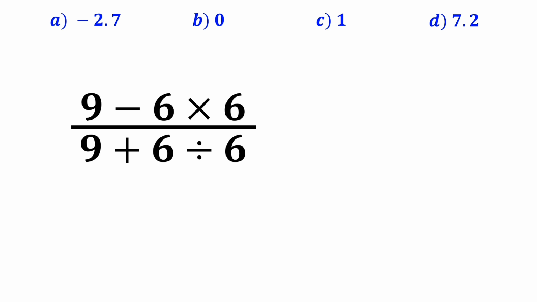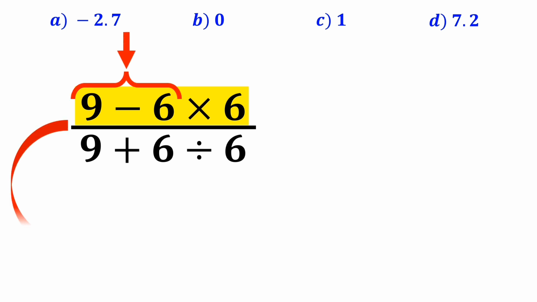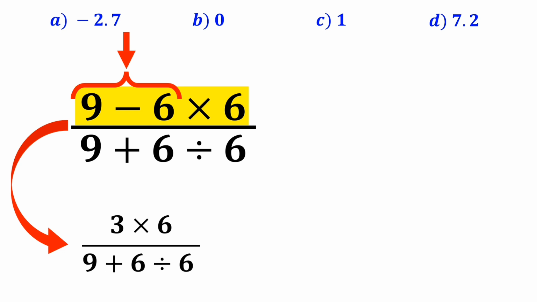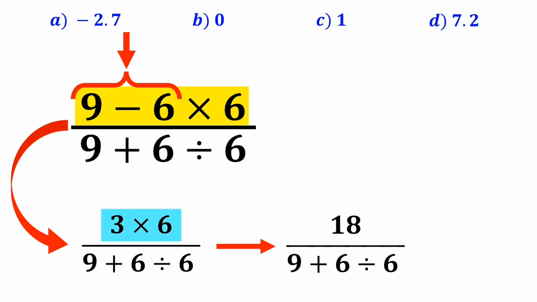Many people when solving this question start with the numerator and begin by calculating 9 minus 6, which gives them 3 times 6 over 9 plus 6 divided by 6. Then they simplify the numerator further to 18 over 9 plus 6 divided by 6.